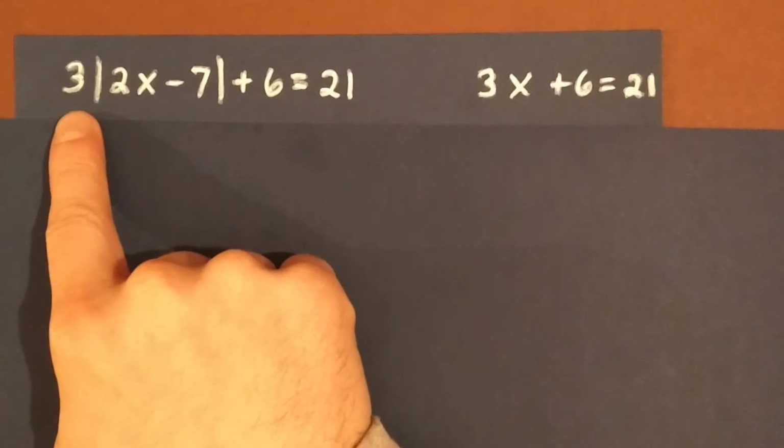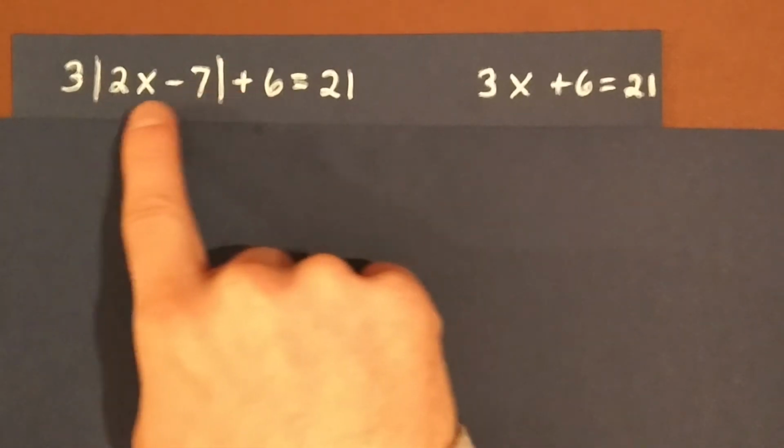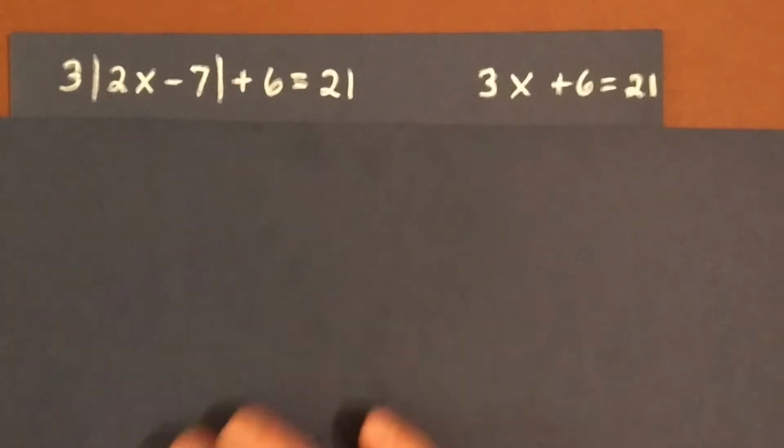The equation is this: 3 times the absolute value of 2x minus 7 plus 6 equals 21.